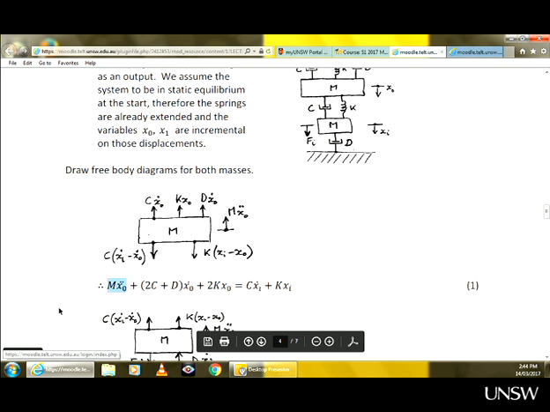Now, inertia is always in absolute terms. So the acceleration of mass is xo double dot. No differences in 2 or 3 or whatever accelerations. The absolute displacement of the bottom mass is xi. Therefore, inertia is mxi double dot.